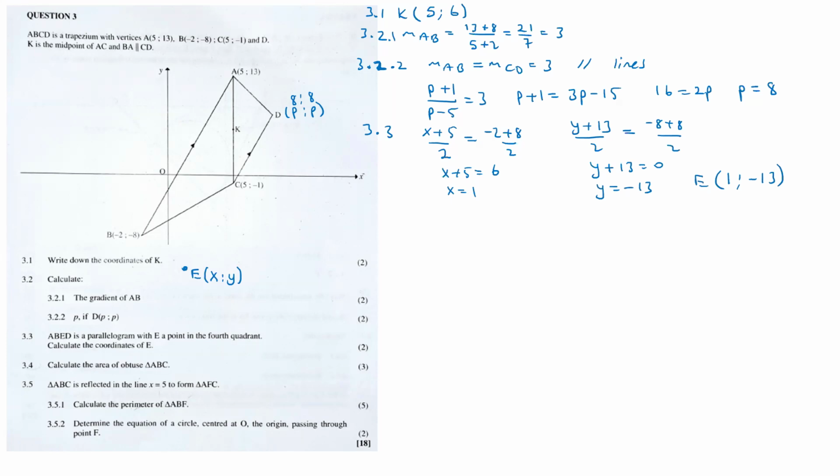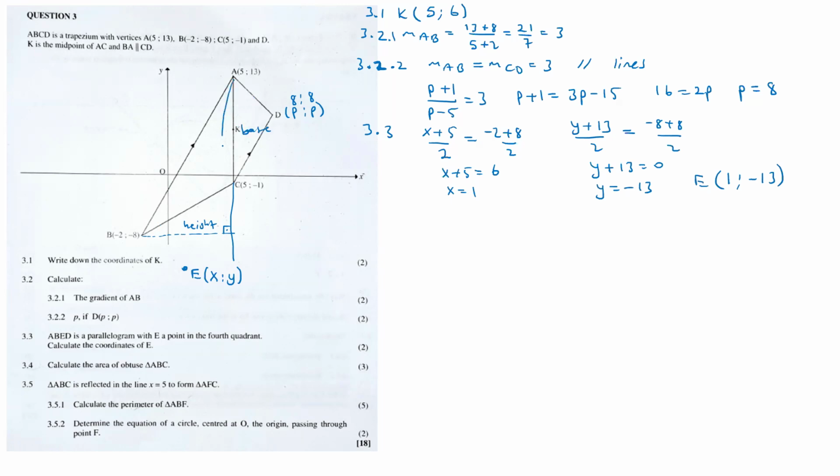Yes, so for a 3 mark question, we don't need to find an angle here, because when you extend AC, you can draw the height from B to this line. This is the height, and then you can use AC as the base.